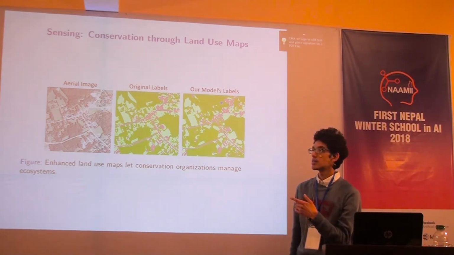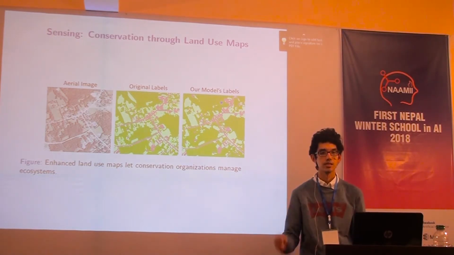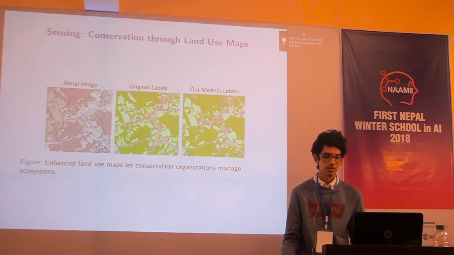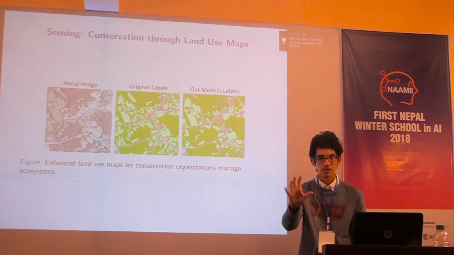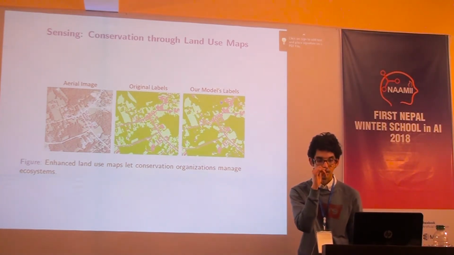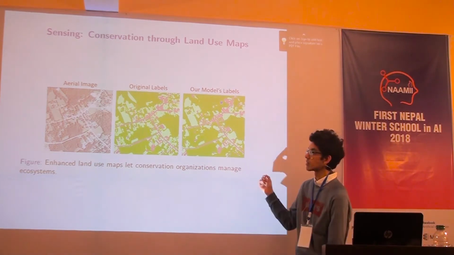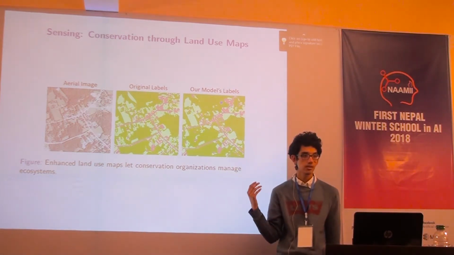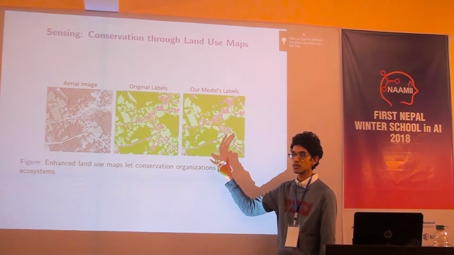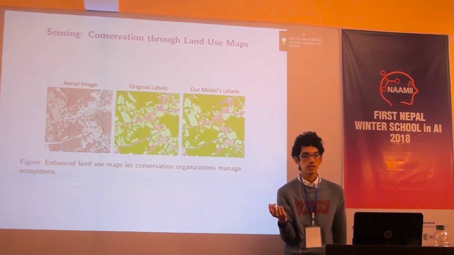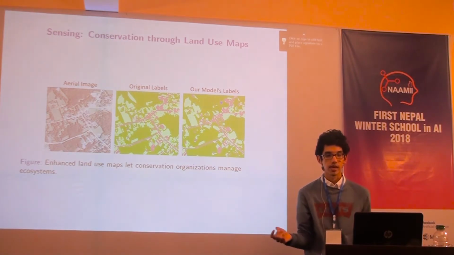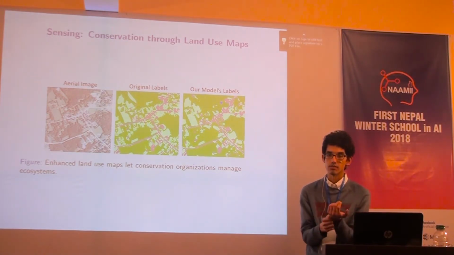This is much harder than saying, oh, there's a cat in this image, there's a dog in this image, right? You have to go pixel by pixel and say what the class is. So it's extremely expensive. But then they're able to learn mappings from a few labeled examples to get all these other land cover maps. What's amazing about this is there are a lot of downstream tasks that depend on these land cover maps, right?